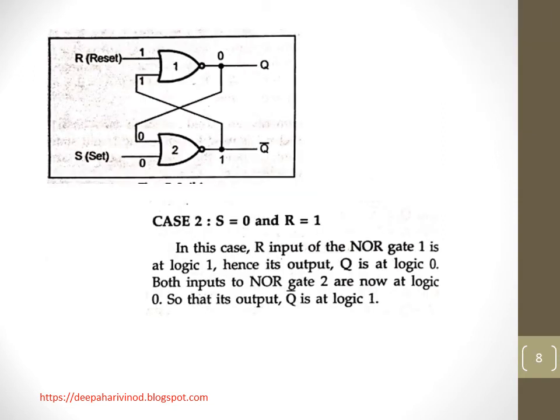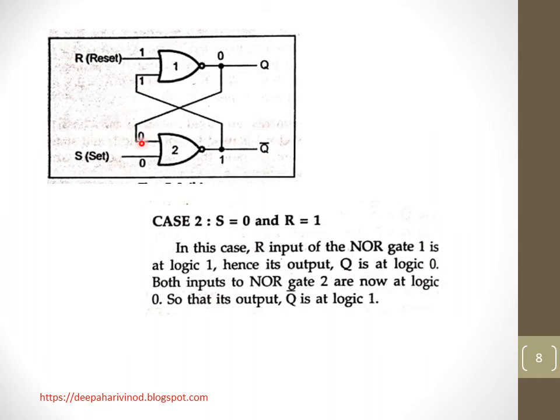Now analyzing the next case, that is S equal to 0 and R equal to 1. In this case, R input of the NOR gate 1 is at logic 1. Hence, its output Q is at logic 0. So, due to this being at logic 1, Q output will be at logic 0.